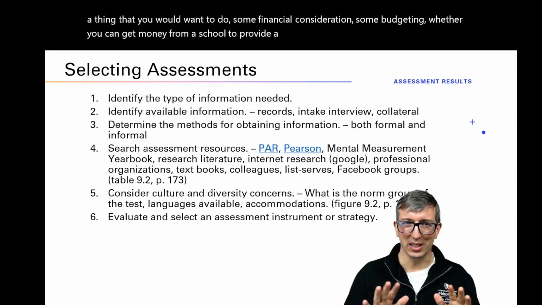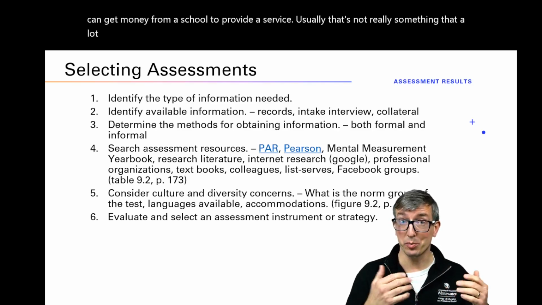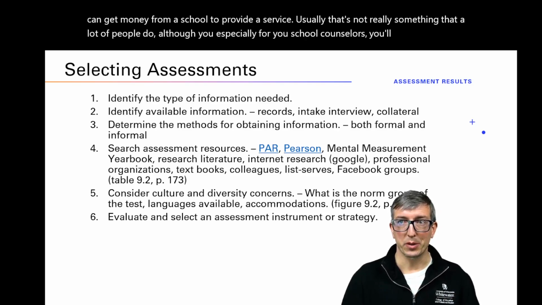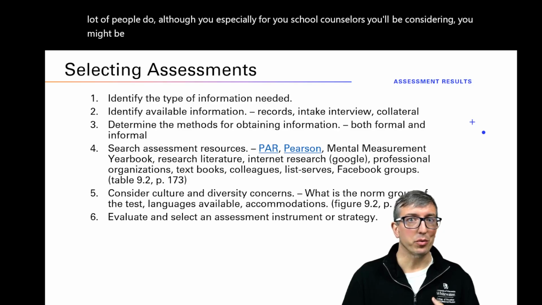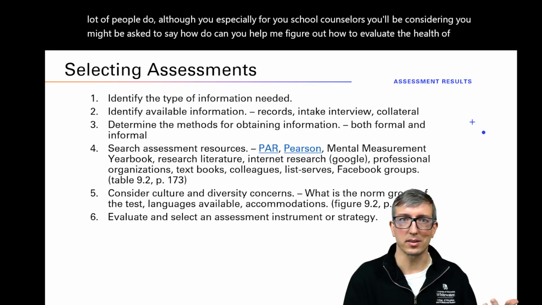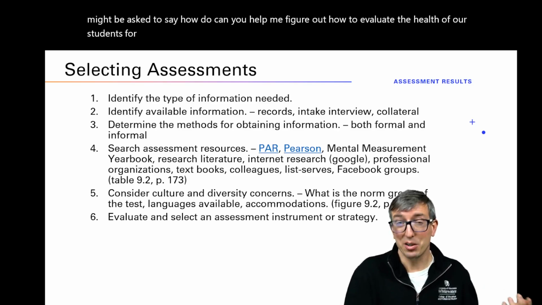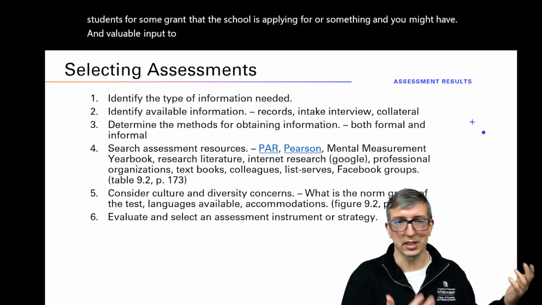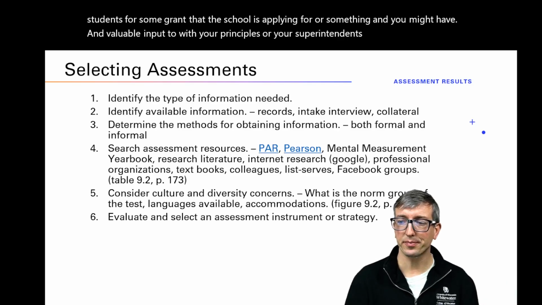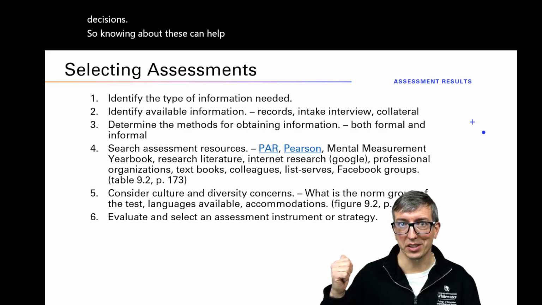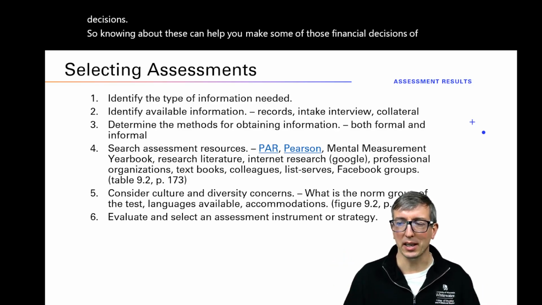Usually that's not really something that a lot of people do, although especially for you school counselors, you might be asked to say, can you help me figure out how to evaluate the health of our students for some grant that the school's applying for or something? And you might have some valuable input with your principals or your superintendents or whoever makes those decisions. So knowing about these can help you make some of those financial decisions of where the costs come from and that kind of thing.